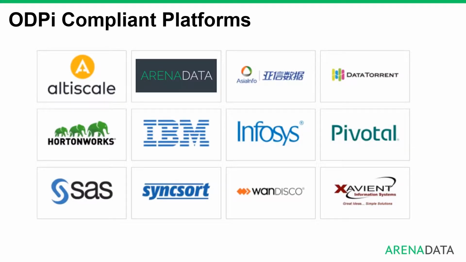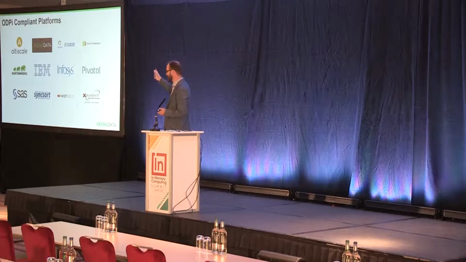Here is the screenshot from the ODPi side of the compliant platform. The idea behind this initiative is to build the common runtime specification for Hadoop distribution, because today I will talk a little bit about Hadoop because this is the first product which was released. And as you can see here, we do the same thing as Hortonworks, IBM, Pivotal, Altiscale.